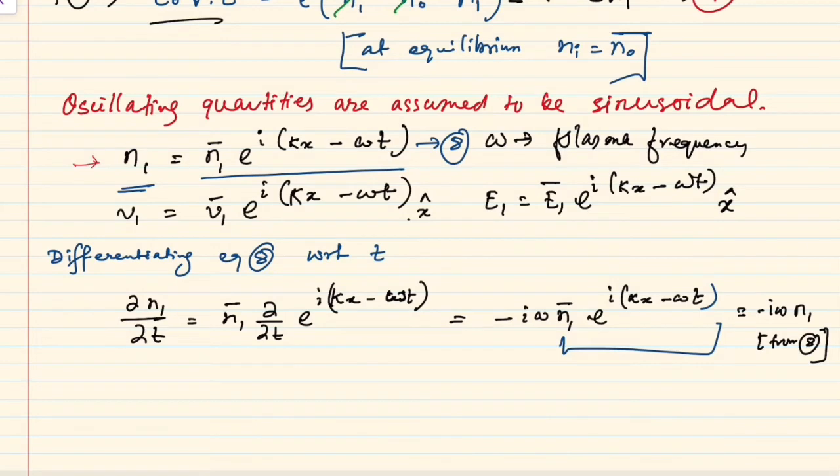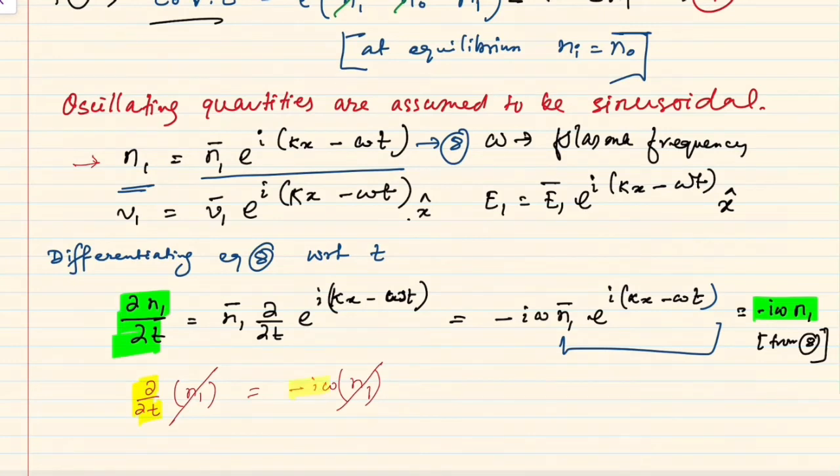So now if you compare this right hand side and left hand side, you can see we can compare del t with minus i omega. If you compare, then you can write del t as minus i omega. So we can replace.